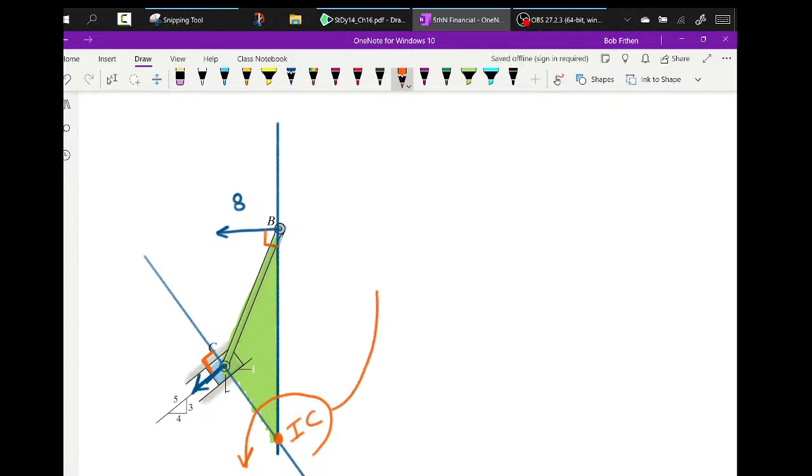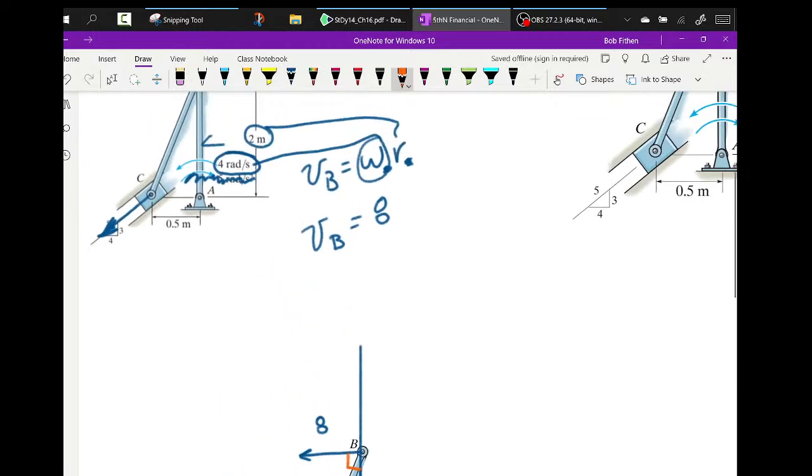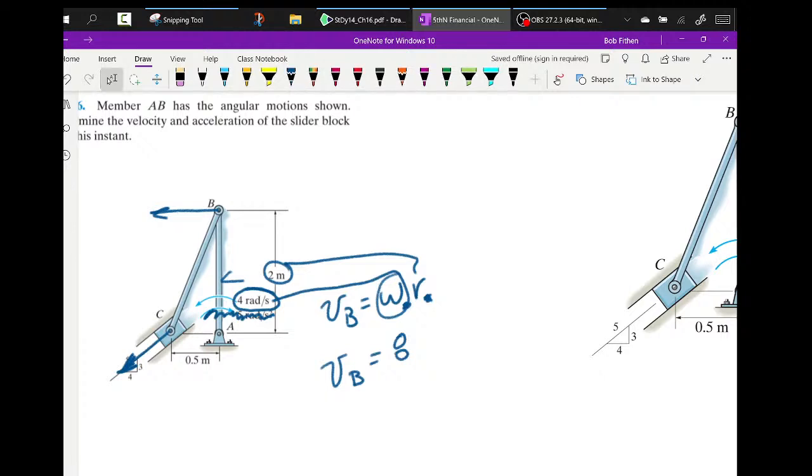Why do I know it's moving this way? Because this is moving at 8. I know that. So what is omega? This time we're going to designate it BC. Let me fix myself here. This should be here.